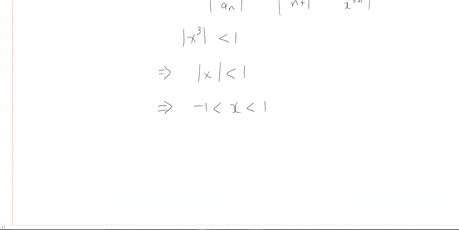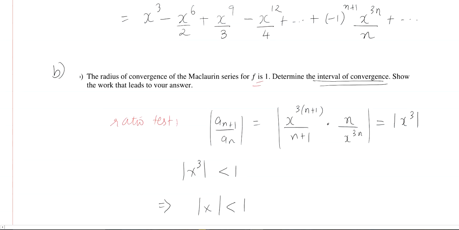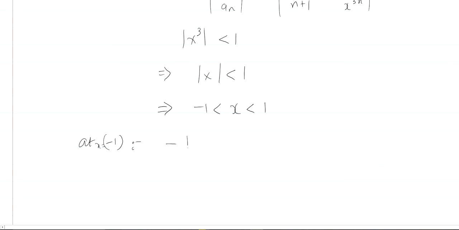We need to test the series at the endpoints. At x equal to minus 1, we end up with the series minus 1, minus 1 over 2, minus 1 over 3, minus 1 over 4, and so on, which happens to be simply the harmonic series, which diverges.